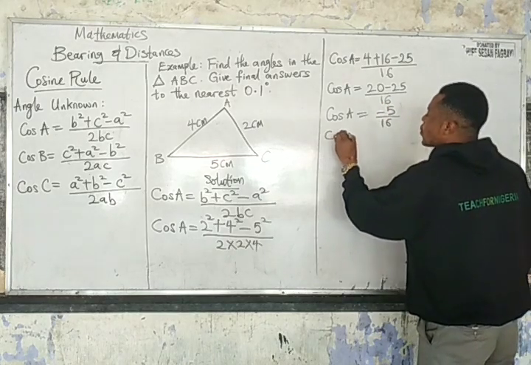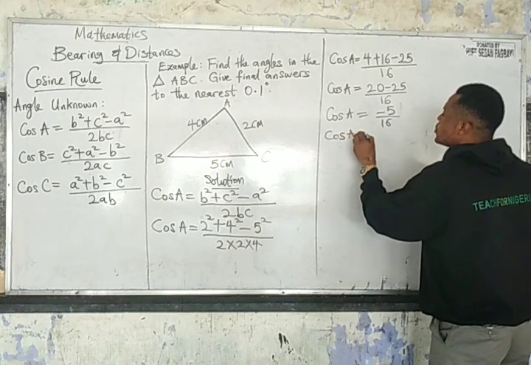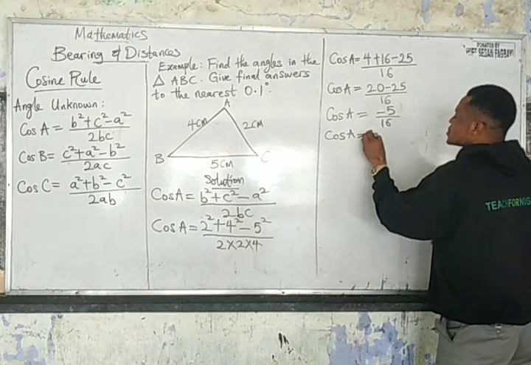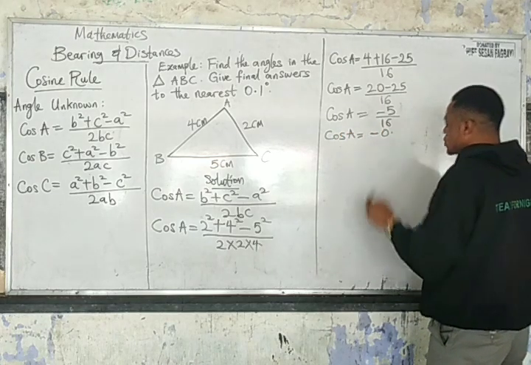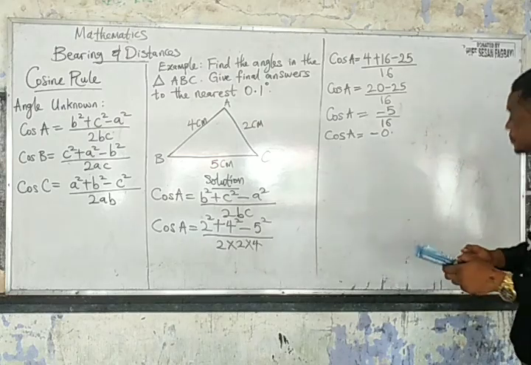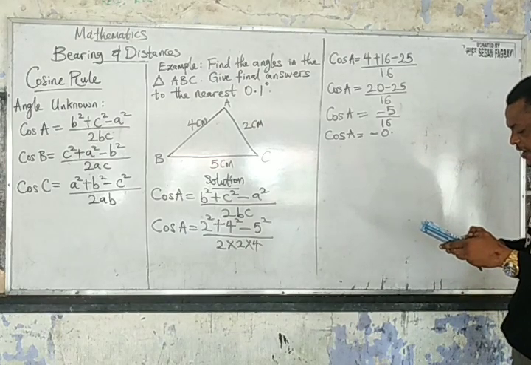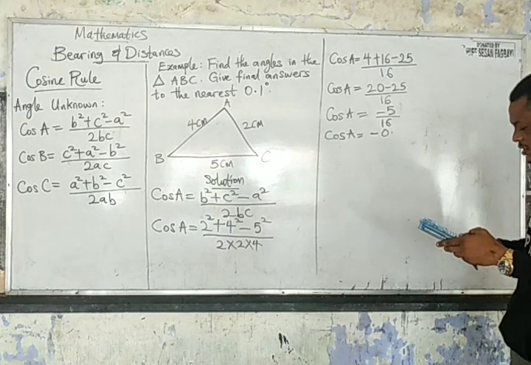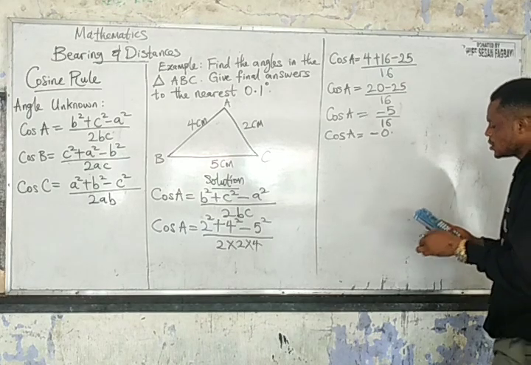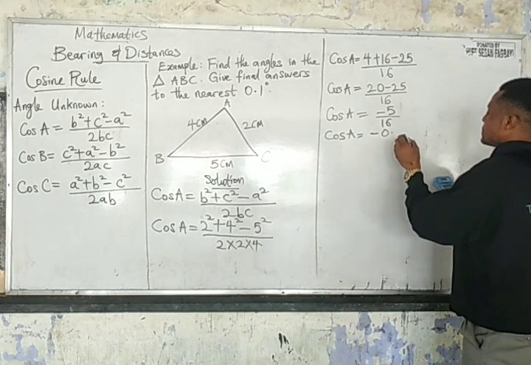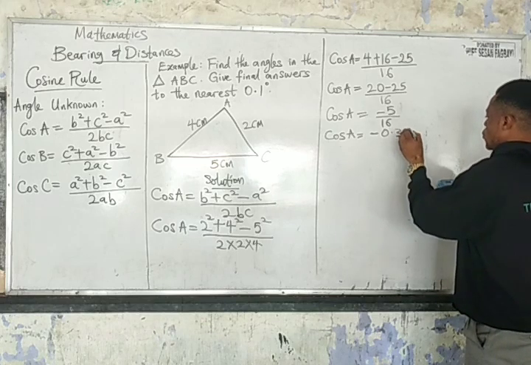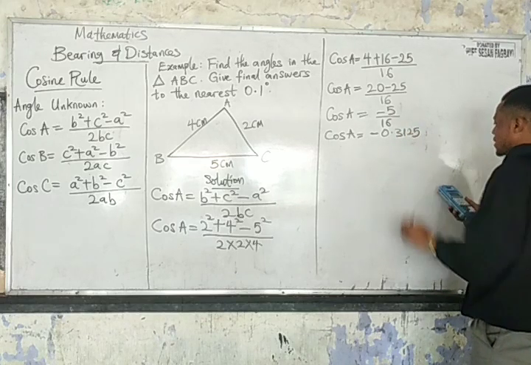So we have cos A to be equal to minus, definitely 0 point something. So let me verify from here. I'll be having 5 divided by 16. That will give us minus 0.3125.